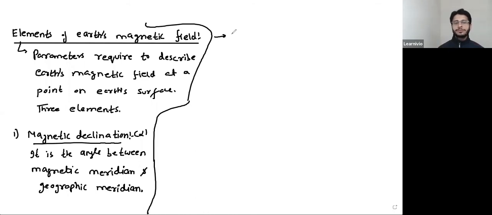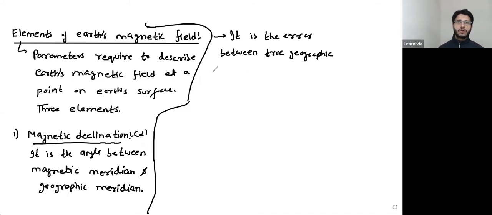Or in very plain language, you can say it is the error between the true geographic north and the geographic north shown by the compass needle.